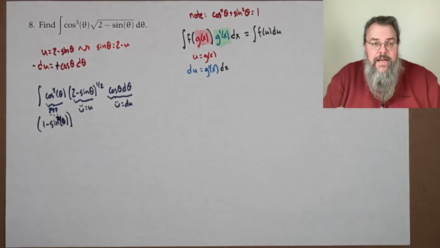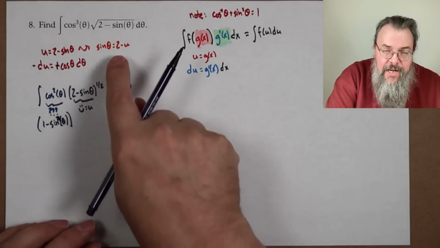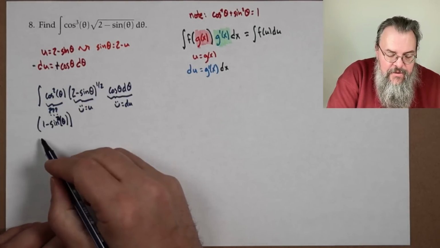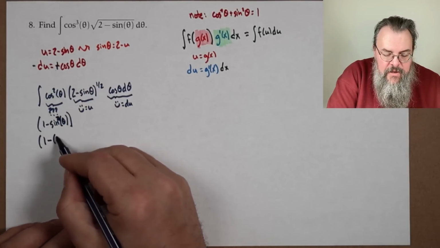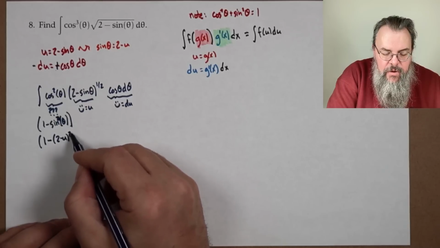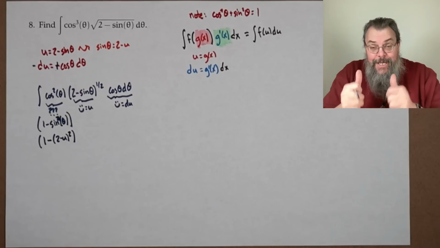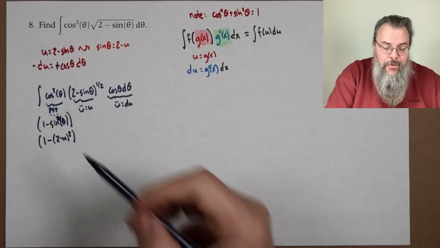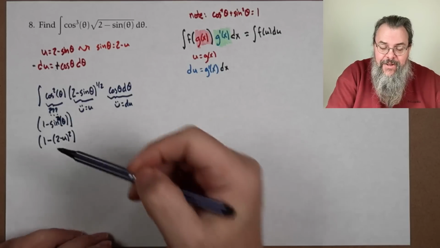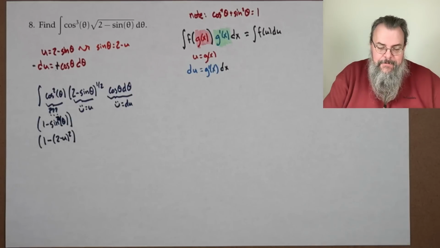Okay, but now each sine becomes a 2 minus u. So this becomes 1 minus (2 minus u) squared. And now we're good, so we have a way to replace that. Okay, let's put it all together.